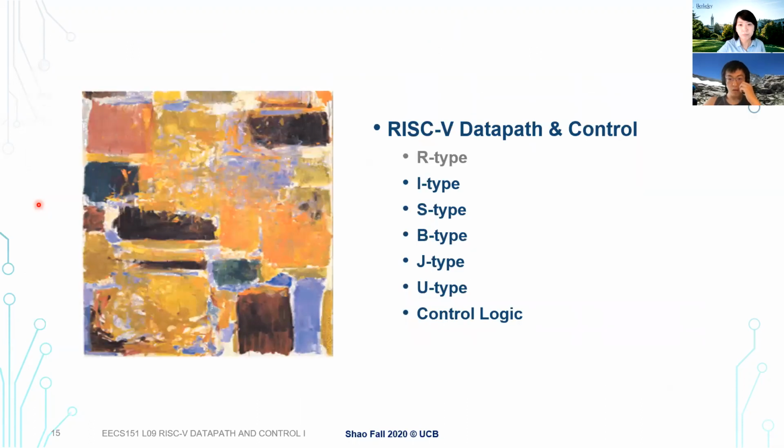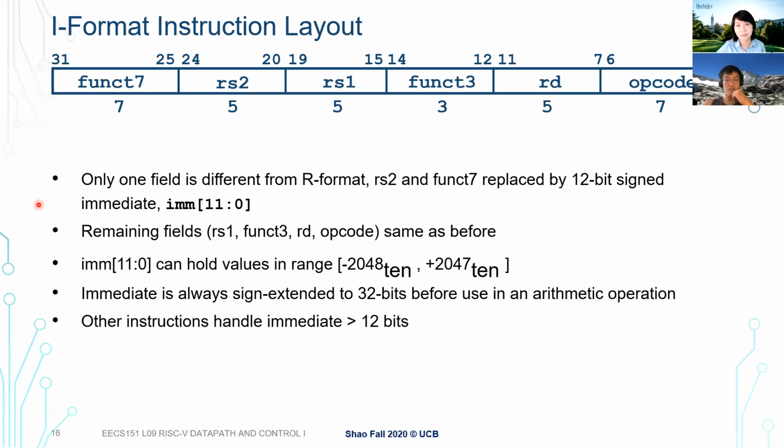As we mentioned earlier, we talked about register to register operations. Next we're going to talk about the immediate, or I-type, instruction. It's also very important and very commonly used when we compile code to hardware.